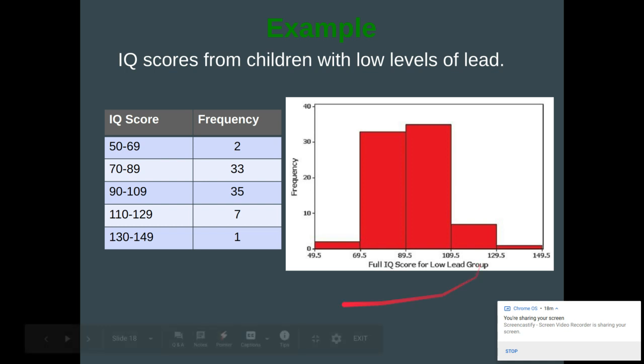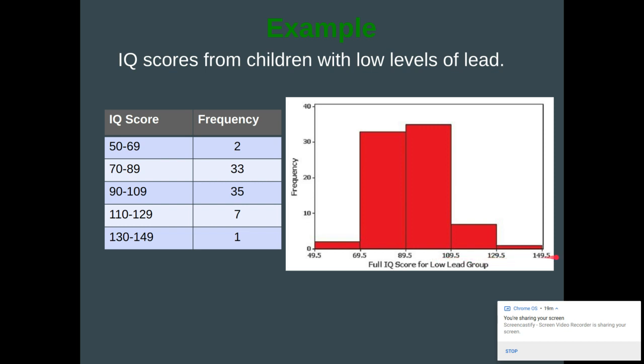So if we look here, here's our frequency table for our IQ scores. And then this is our histogram for those same IQ scores. Now there's a couple of things I want to point out. Notice that what they used for the limits of these bars were not the same limits as the classes, but they used the class boundaries. And that's the value they use for each of these.